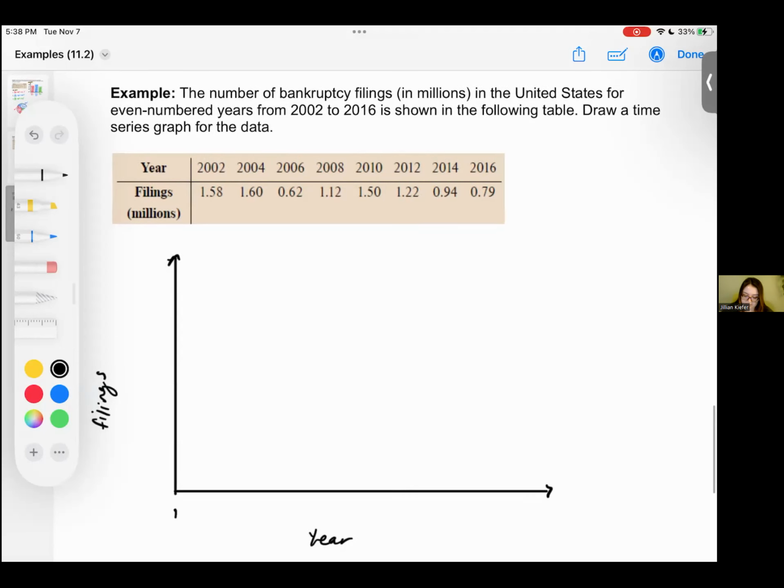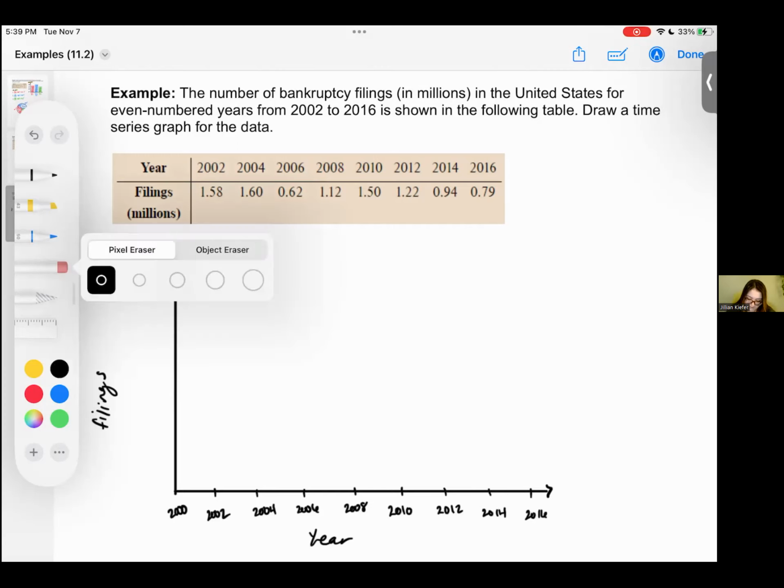So we can begin at 2000. We'll make that the 0 on the graph. We want to have these by 2s, so 2002, 2004, 2006, 2008, 2010, 2012, 2014, 2016.